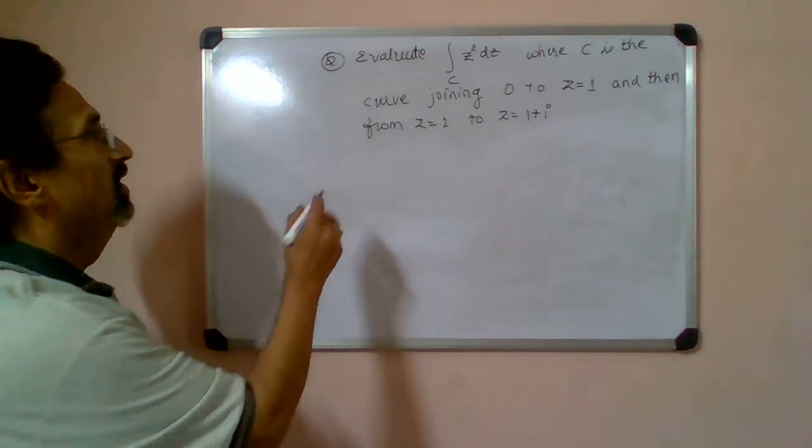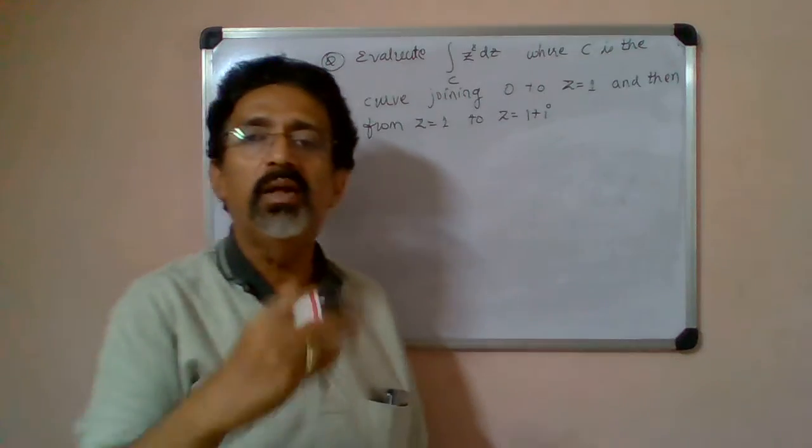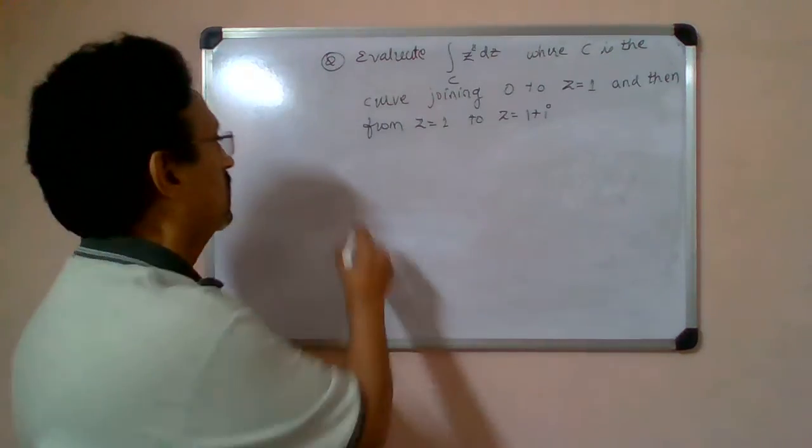So the curve C is made up of two parts now.